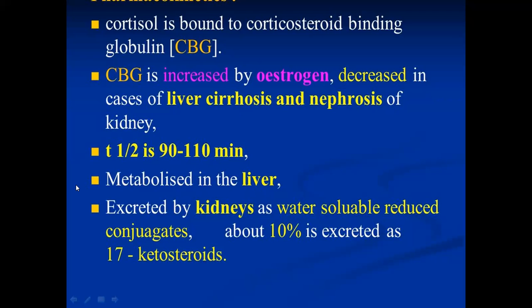This CBG is increased by estrogen and decreased in case of liver cirrhosis and nephrosis of the kidney. So these are hepatic and kidney or renal disorders.